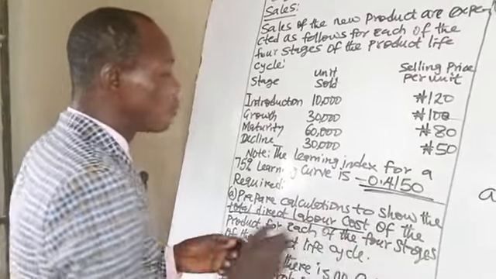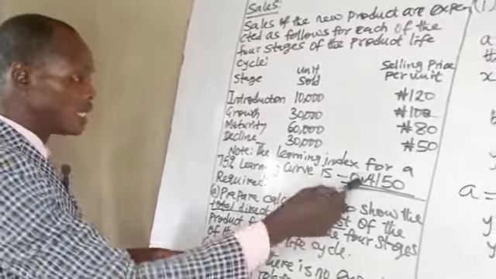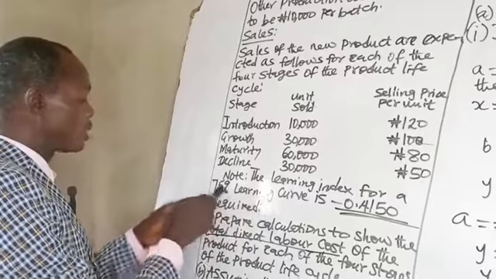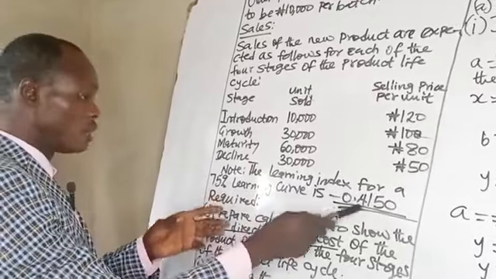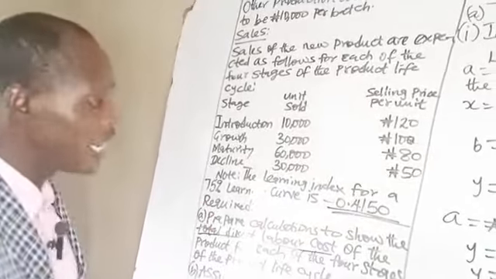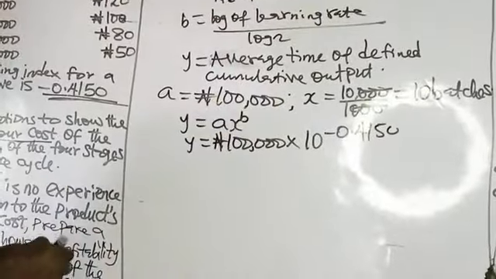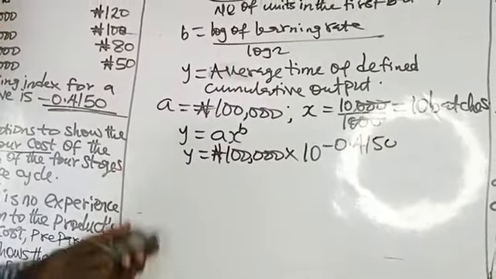This will be used in place of b. If it is not given, you apply log 0.75 over log 2, and it will give you the value.